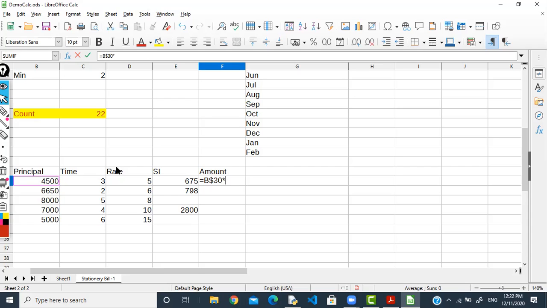Multiply. I'm giving this formula. So this much only I'm writing here. So now look at this. I have made the row number constant, but I have allowed that the column should be changed in this formula. In $30, you just understand that the row number is constant, but the column is changeable here.